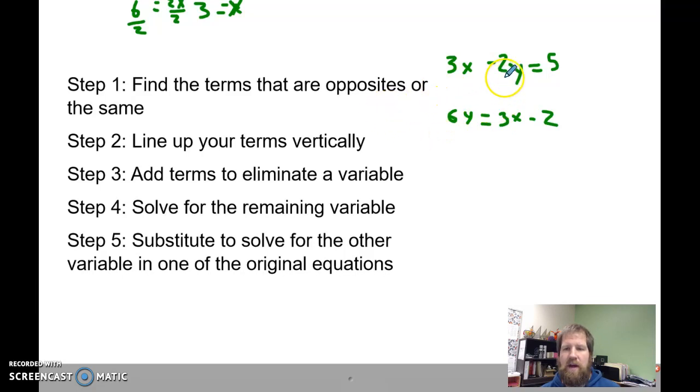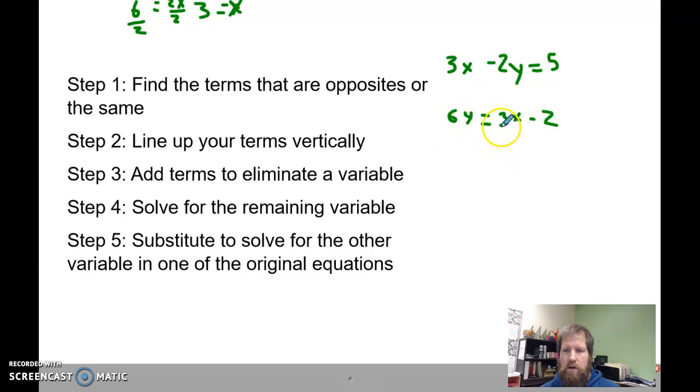So we can see we've got a negative 2y, we've got a 6y, we've got two 3's, right? I've got 3x and I've got 3x. And that's probably what's going to be the best thing for me to use. So once I've recognized that, I know I'm going to use elimination. And then I'm going to need to line up my terms vertically. So to do that, I'm going to have to move things around, probably in this second equation.